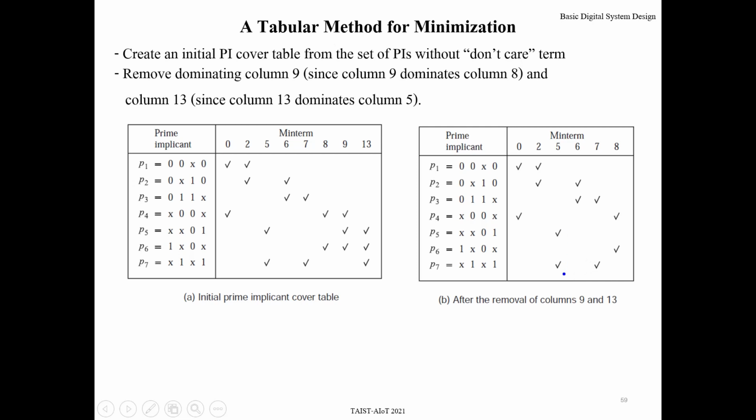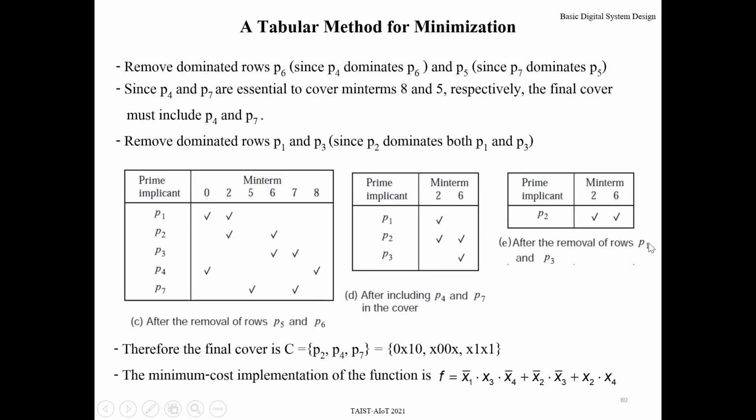Oh, this one. 2 checks here, 1 check here. So P5 is dominated by this row P7. That means you can remove this one. What else? This one has 1 check here and 2 checks here, so you can remove this one. Then you can reduce the size of the table.